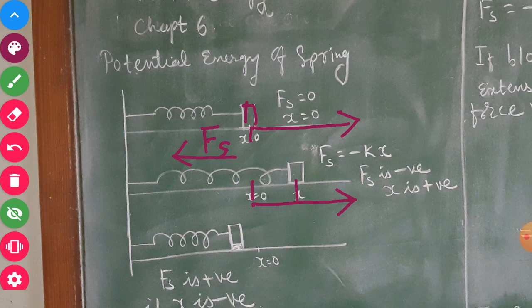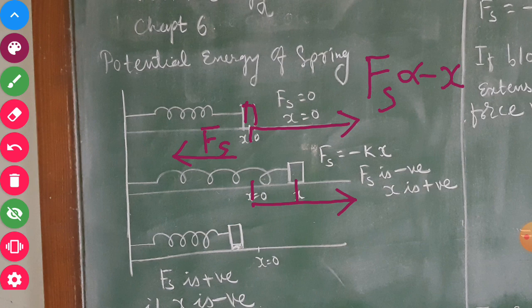So the spring force here is opposite to displacement. So we can say that spring force is directly proportional to displacement. More the stretching, more the spring force, more the restoring force, but it is in the opposite direction. So Fs is proportional to minus x.